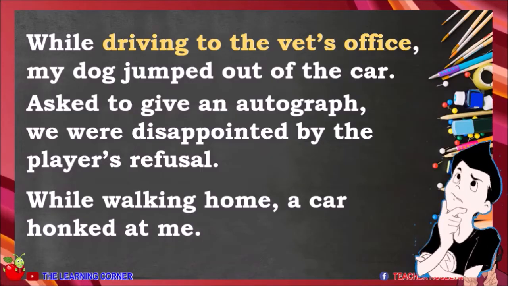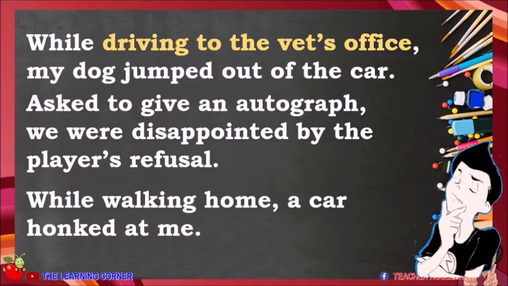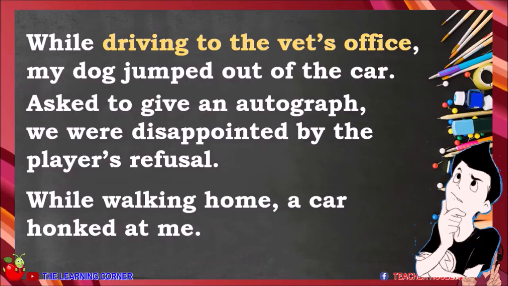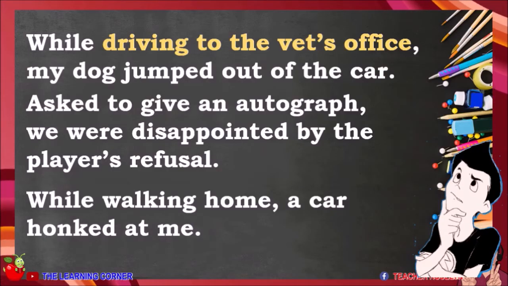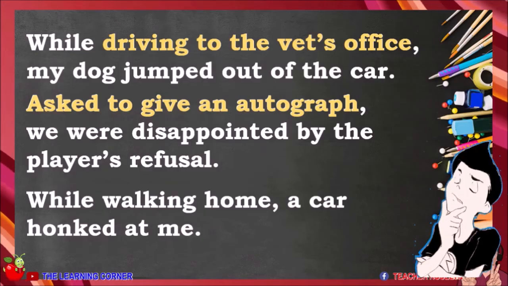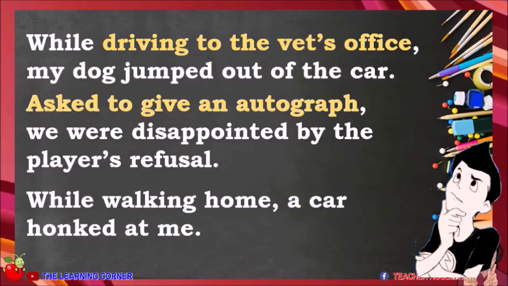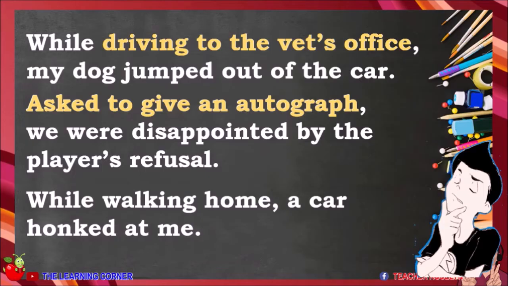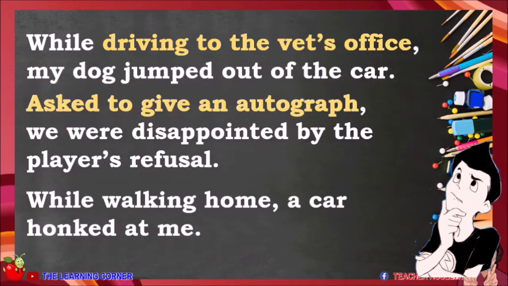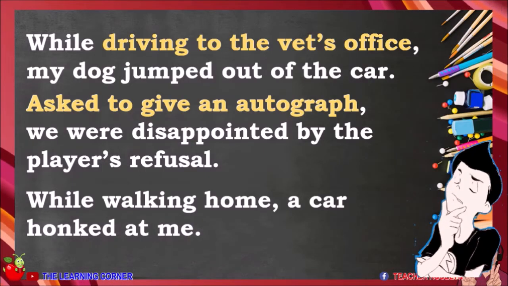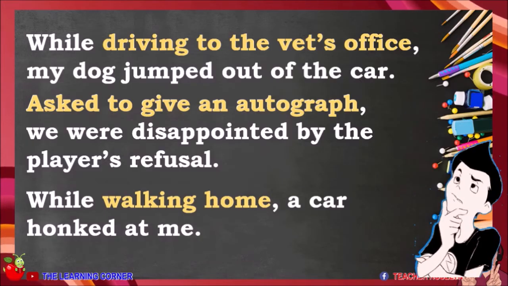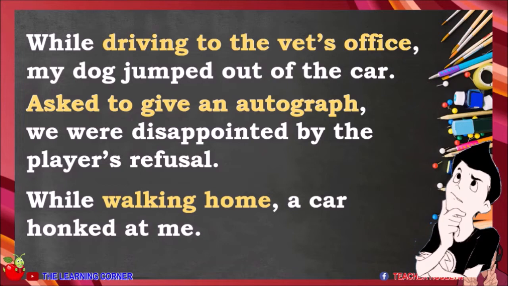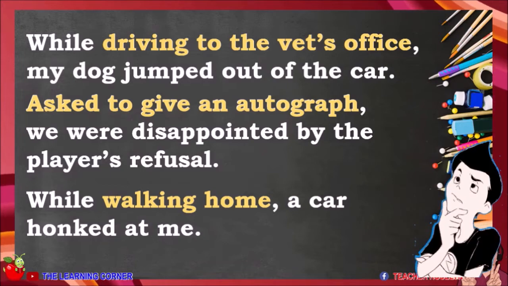Who is driving to the vet's office? It's definitely not the dog. In the second sentence, the modifier is asked to give an autograph. Who is being asked to give an autograph? In the third sentence, the modifier is walking home.